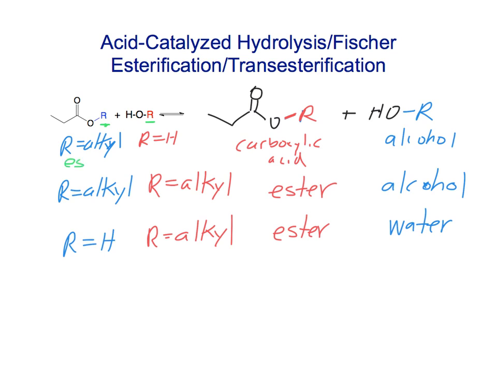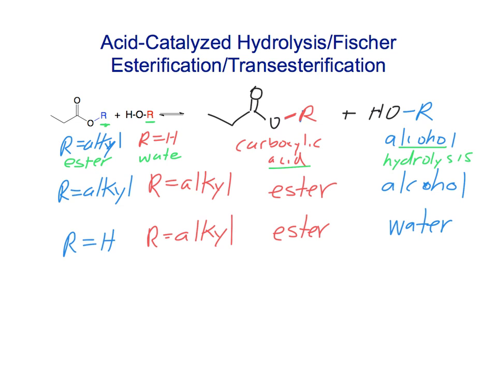Remember, this is an ester reacting with, if the red R is an H, water, giving us a carboxylic acid and an alcohol. This is called a hydrolysis reaction. Remember, all of the carboxylic acid derivatives give carboxylic acids as hydrolysis products.